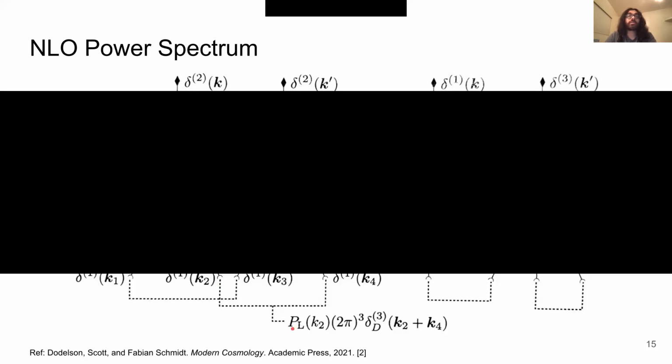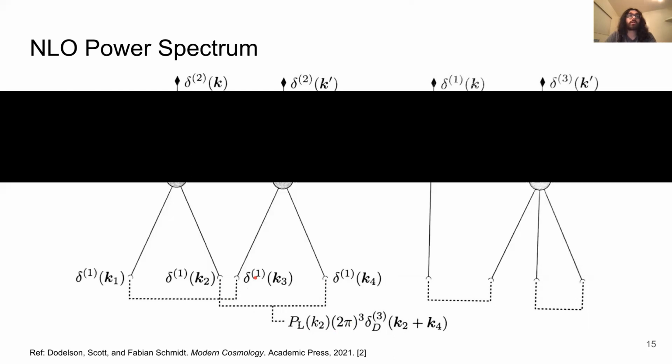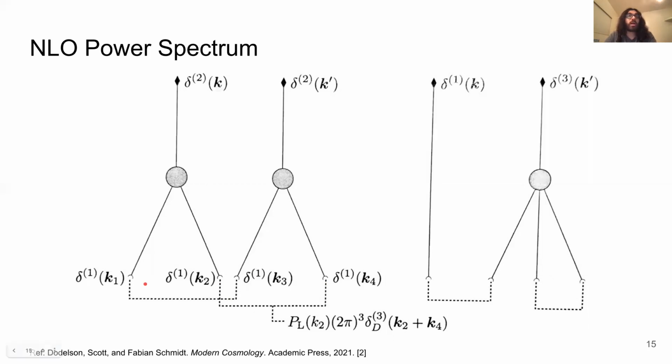So this is the linear power spectrum times, again, a delta function and some factors of 2 pi. So you have two linear power spectra because there are two of these pairs of linear deltas. And so they combine in this way, and then they get hit by these two kernels, and that gives us this P22 equation.